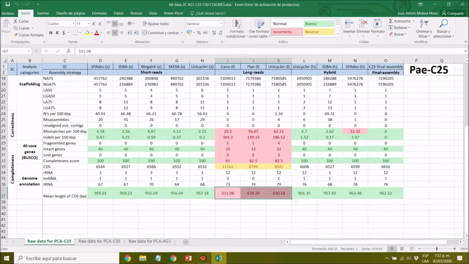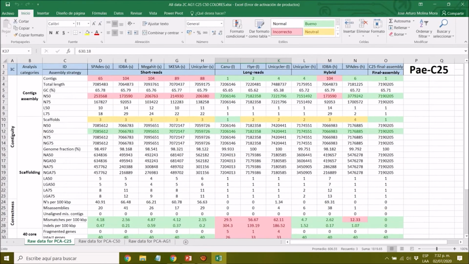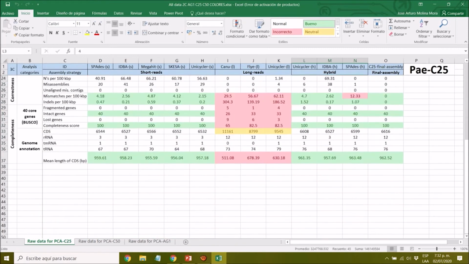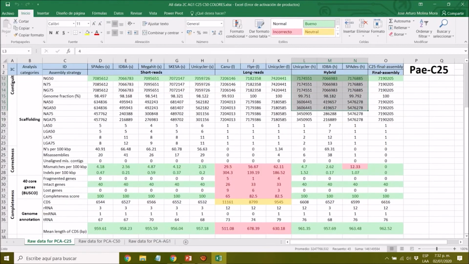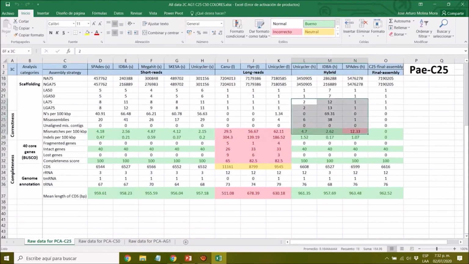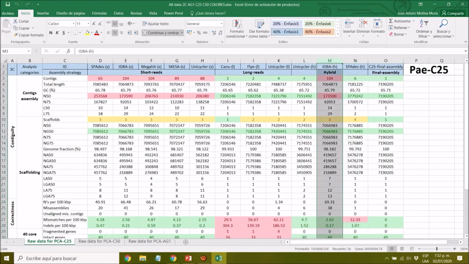Taking all together, the best values for contiguity, correctness, and completeness were obtained for hybrid approaches, and specific values were obtained for each of the short reads-only and long reads-only approaches. An exception to this, in the case of the hybrid models, was IDBA in a hybrid mode, in which the contiguity values were similar to short reads-only approaches.